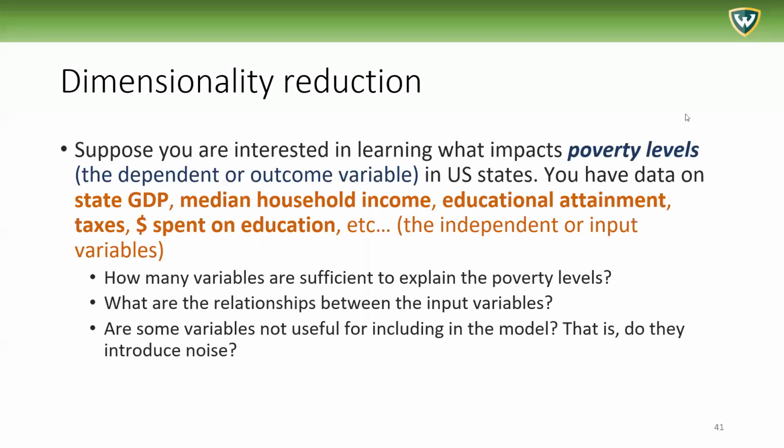Dimensionality reduction. Suppose you're interested in learning what impacts poverty levels, as we talked about. In that case, this is going to be our dependent or outcome variable: poverty levels in US states. And then you have data on state GDP, median household income, educational attainment, taxes, money spent on education, and many other variables that you think can help you predict or understand poverty levels.